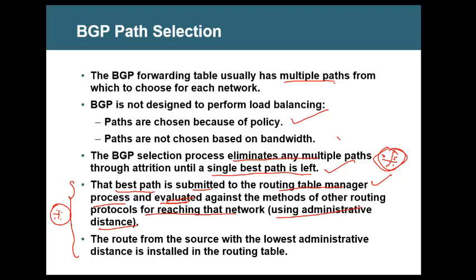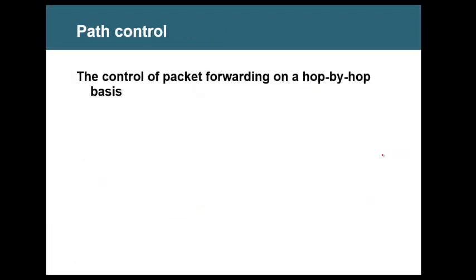So I added a few slides to this presentation which were not there earlier. That's why I started with this topic today. This is the new slide and a few more slides. So the path control of packet forwarding is on a hop-by-hop basis. So every hop decides.